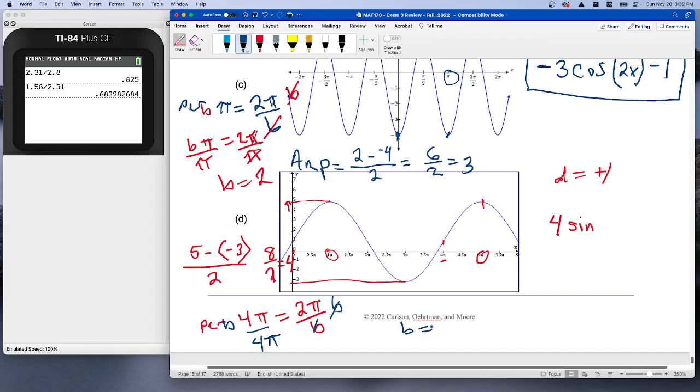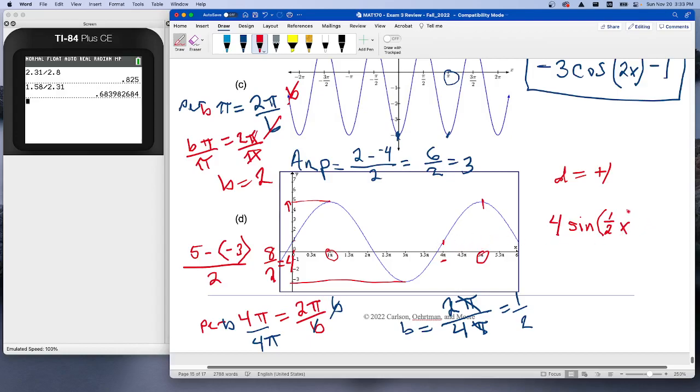So b equals 2 pi divided by 4 pi. Pi's cancel. 2 divided by 4 gives us 1/2. So that's the value that goes in front of the input. So 1/2 x.